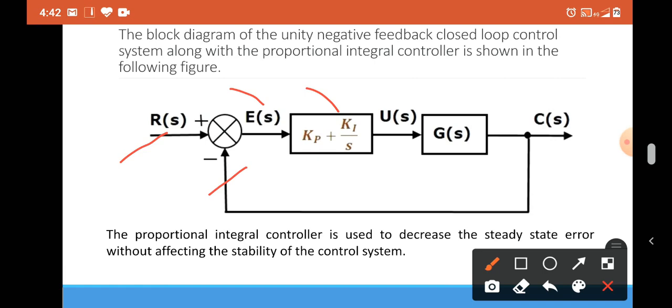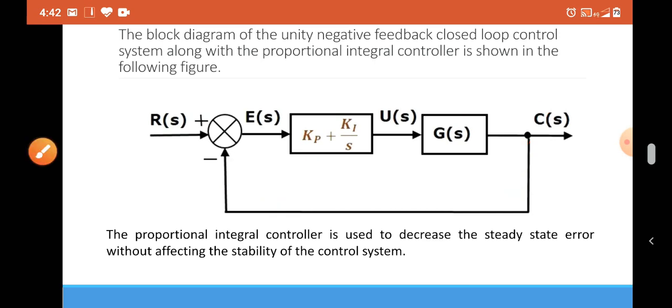It then generates the output signal u of s, which is given to the plant as input, because it is also called the actuating signal. Then the plant, with transfer function g of s, generates another output, c of s. We take feedback from this output and give it to the error detector, where the process continues.